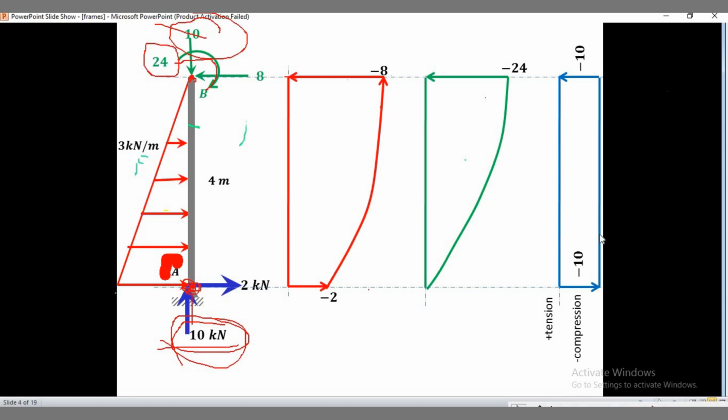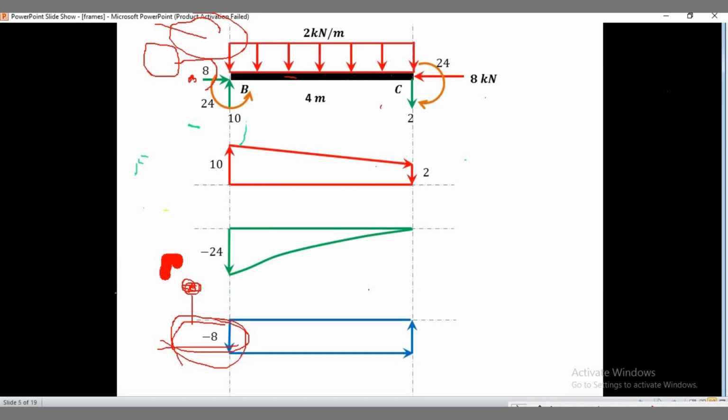Again, sa beam, ang kinukuha natin is the shear and moment diagram. Kapag sa frame, ang kinukuha natin is the shear moment at saka yung axial force diagram. Okay? So, this is just member AB. Next, member BC.